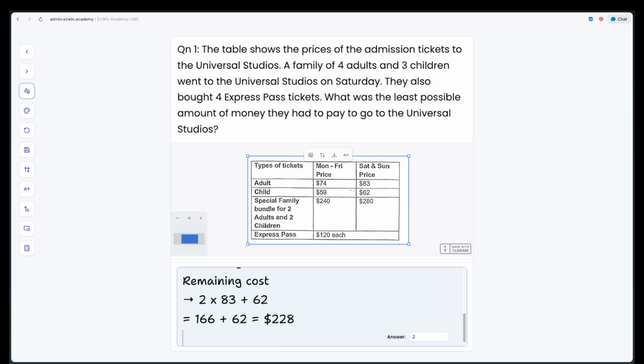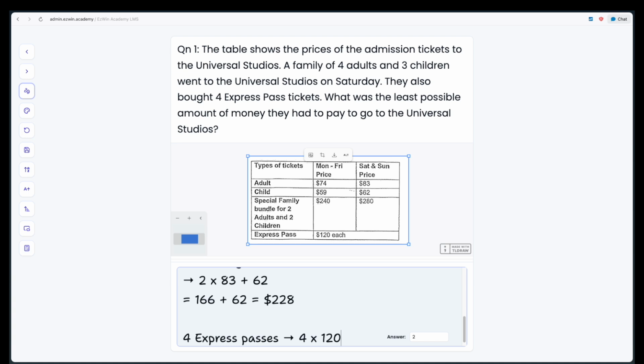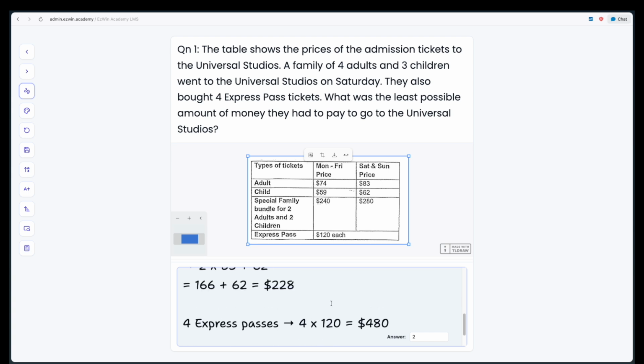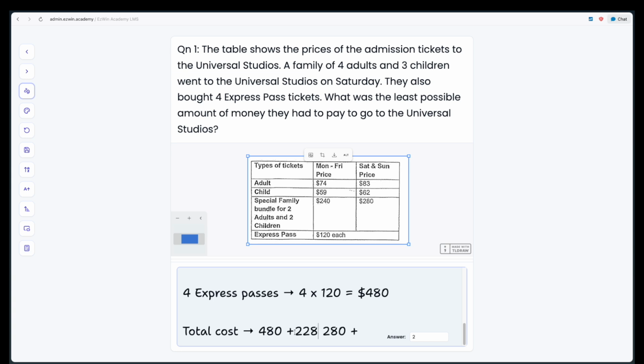Okay, the next thing is they also bought 4 express pass tickets. So express passes is 4 times 120, and this will give us $480. So the total cost will then be equal to 480 plus 280, which is the Saturday price, plus 40 plus 228.